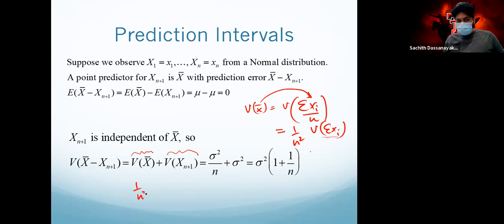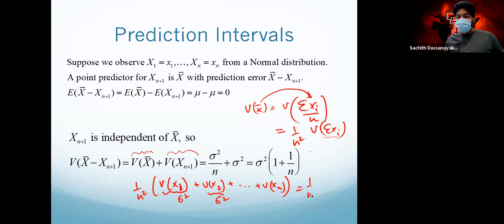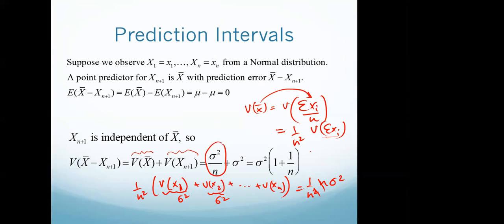I think you need to expand this; it was in one of your chapters. You can write the variance of x1, plus the variance of x2, up to the variance of xn, because they are independent. Each is sigma squared. So you have 1 over n squared times n times sigma squared, and the n cancels, so you get this.